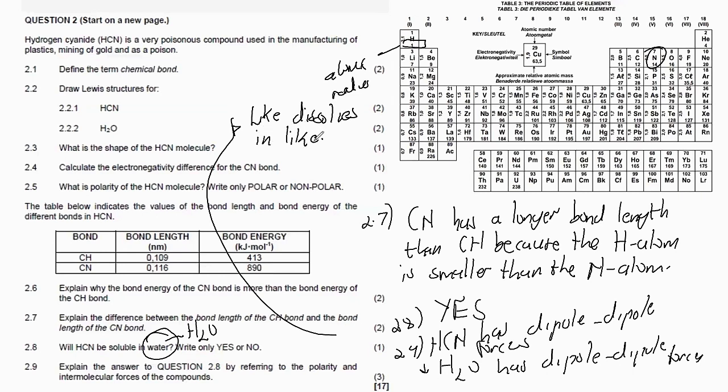So dipole forces will dissolve in dipole forces. And that's how you are required to explain that for 3 marks. So HCN has dipole forces, H2O has dipole forces. Like dissolves in like. A compound with a dipole force will dissolve in another compound with dipole forces. That's how you were required to answer that question there.